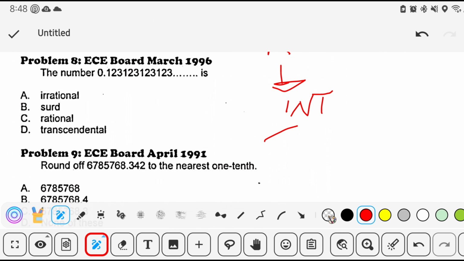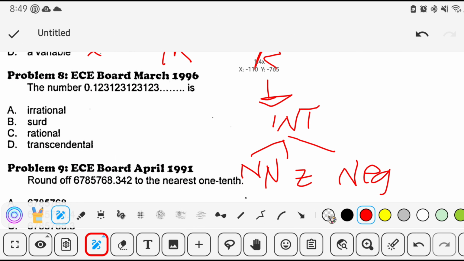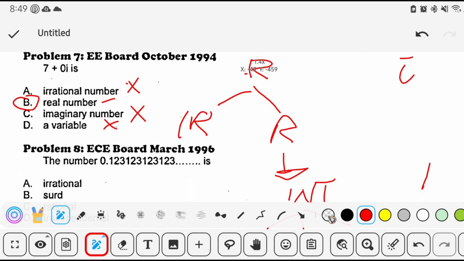And integers are divided into three: natural numbers, zero, and negative numbers. Those are like -1, -1 point something. That is not counting numbers. Natural numbers are counting numbers. Yeah, that's a quick review of the system of numbers.